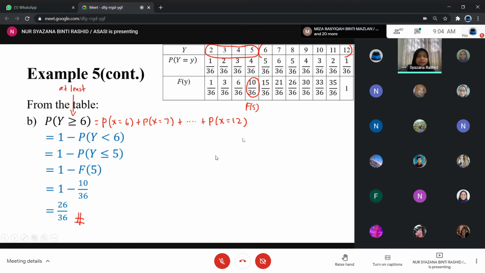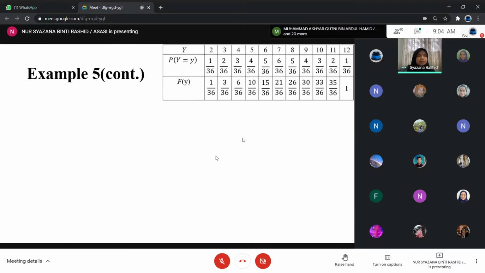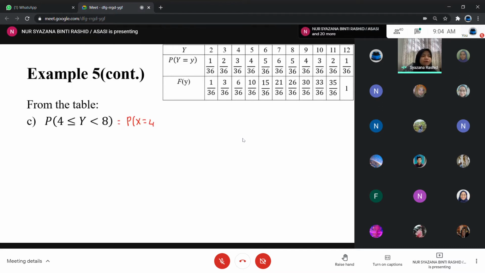C. Soalan C tu in between. Alright. So find the probability in between 4 and 8. Okay, 4 ada equal sign meaning 4 included. Okay, 8 without equal sign meaning 8 excluded. 8 excluded. Maksudnya 8 tak termasuk. So minimum number here is, kalau you nak buat satu-satu, this is actually starting from 4.